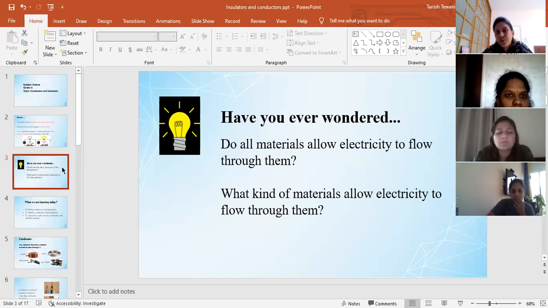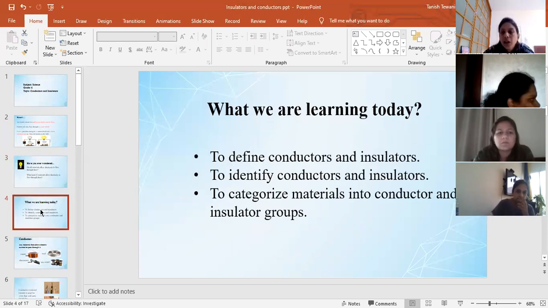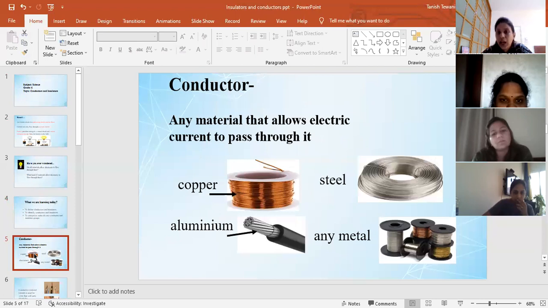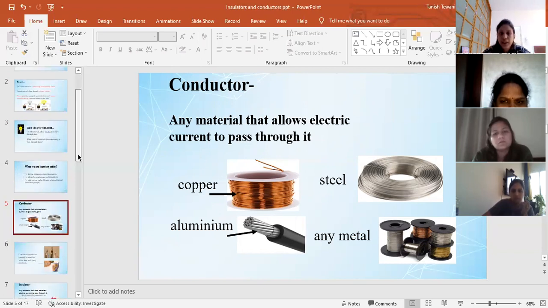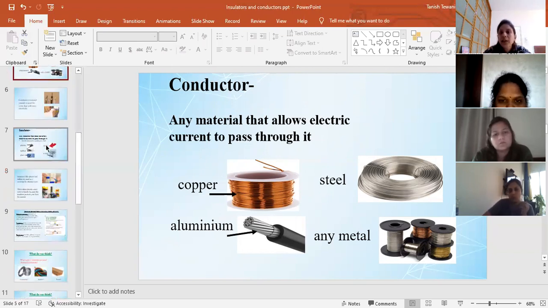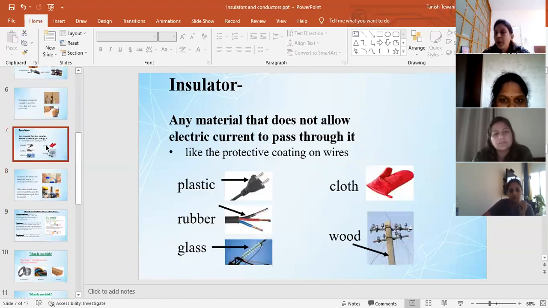We will learn that today. The materials which allow electric current to pass through them are called conductors. And the materials which do not allow electric current to pass through them are called insulators.